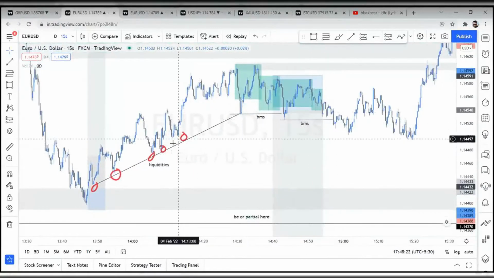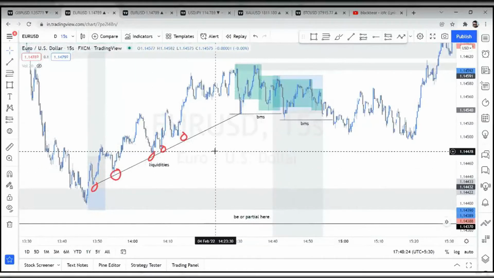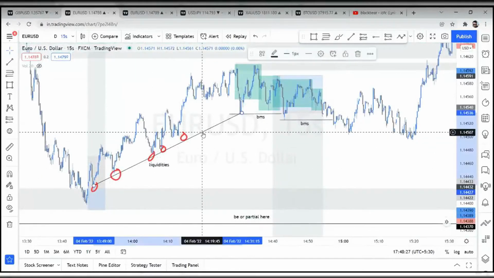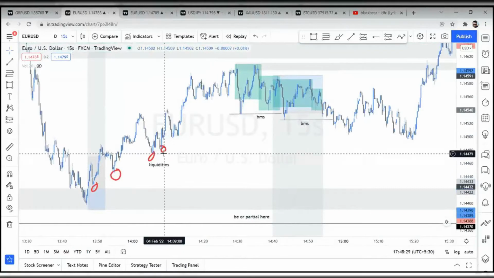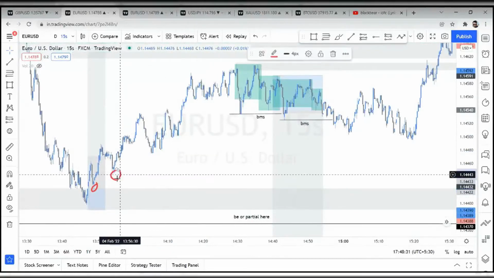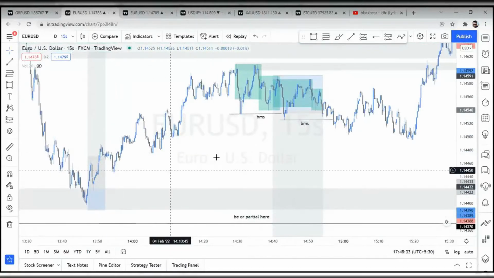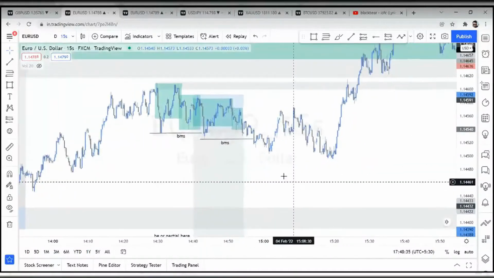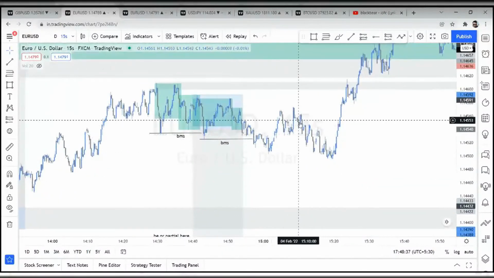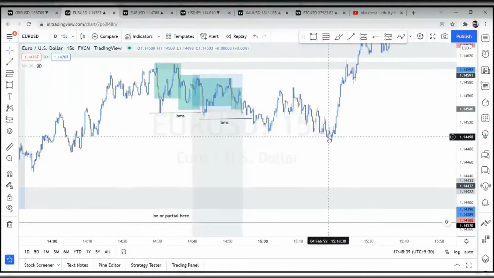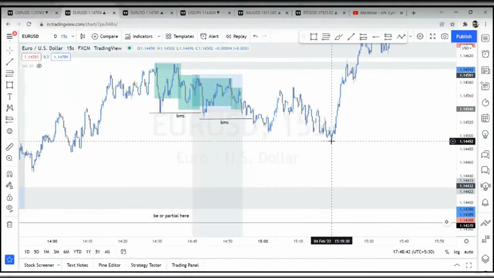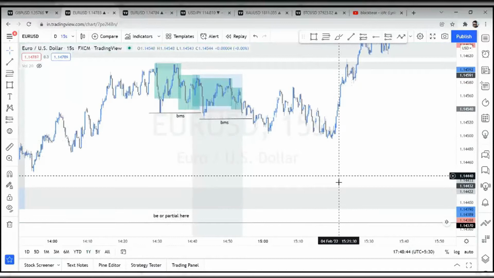So this became all liquidities where price would have targeted. So what happened here? We never got our target. It never ran.